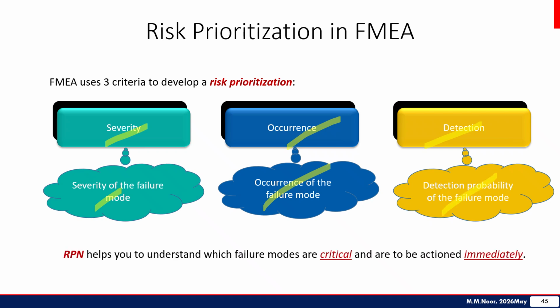Okay, we have an RPN number, and then whichever is higher. If we multiply these, for example, we take 10, 10, 10, the maximum of the rubrics, then if all are 10, the RPN number becomes 1000. If all are lowest priority, 1, 1, 1, then the RPN number is only 1, and we need not take action on that.